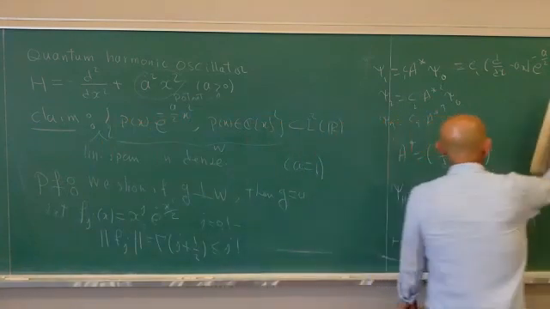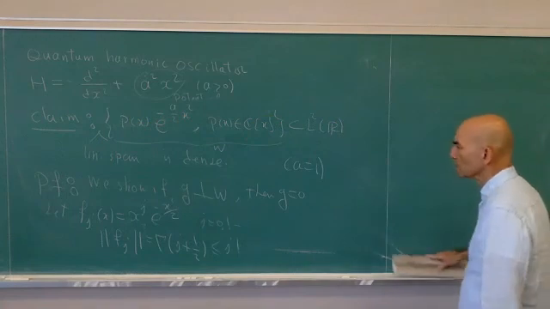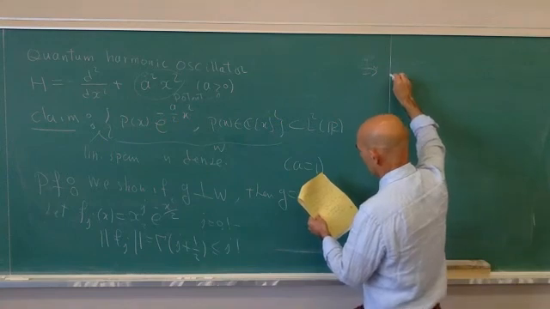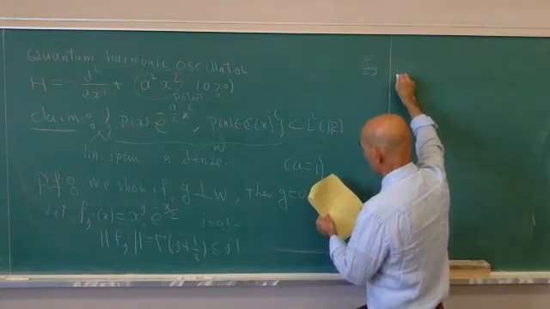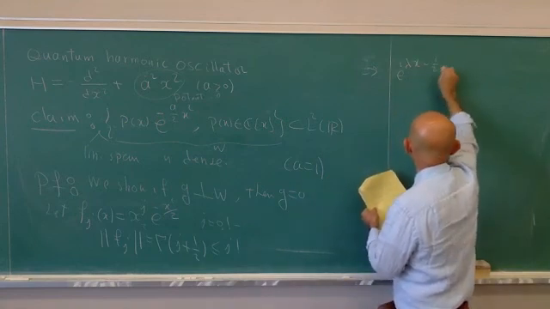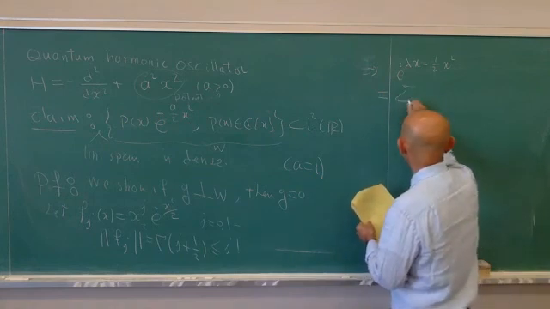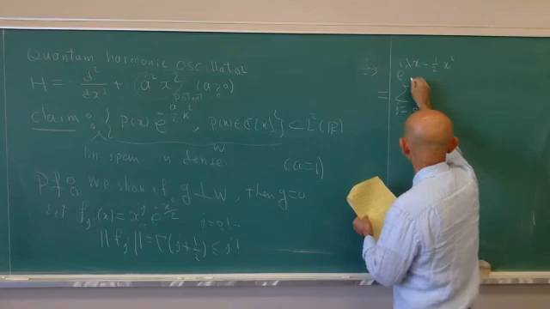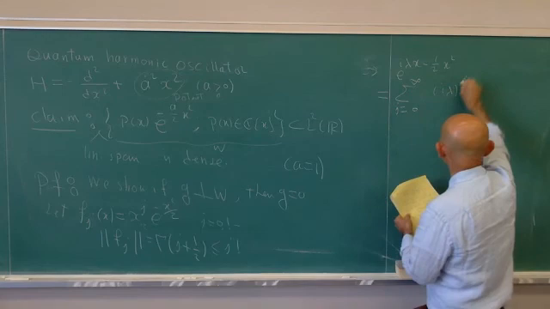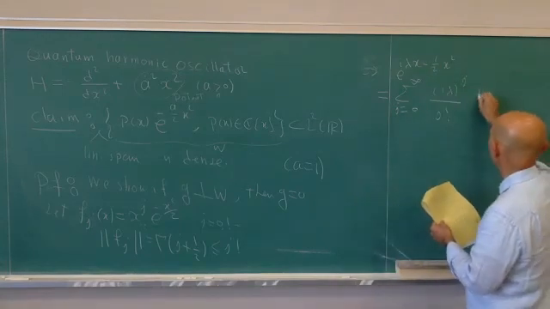So then you can form a series. This series e to the i lambda x minus 1/2 x squared is equal to the sum over j from 0 to infinity of (i lambda) to the power j over j factorial, we're just expanding it, times f_j of x.